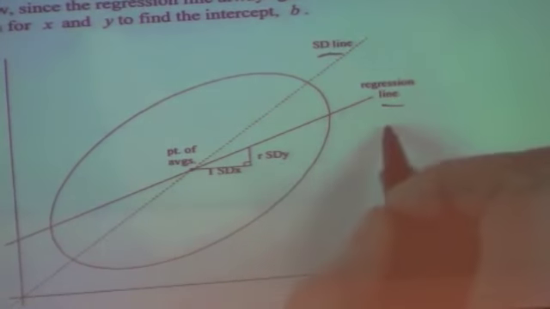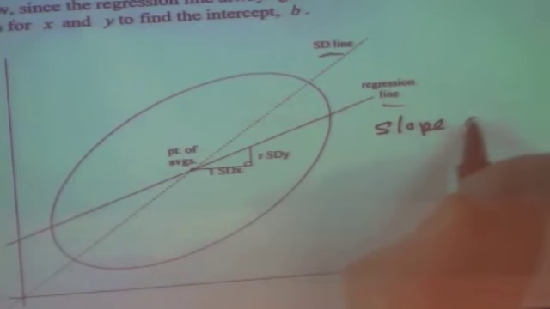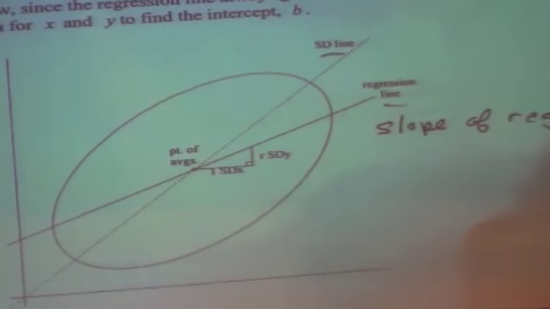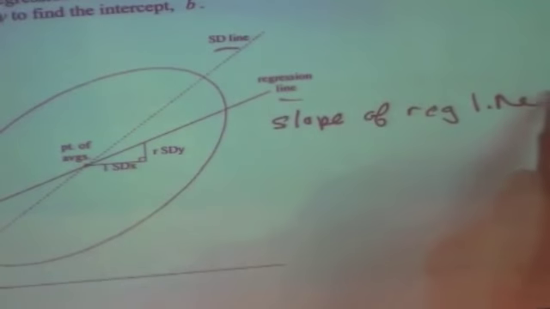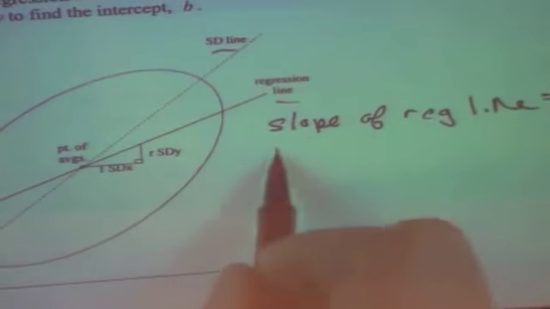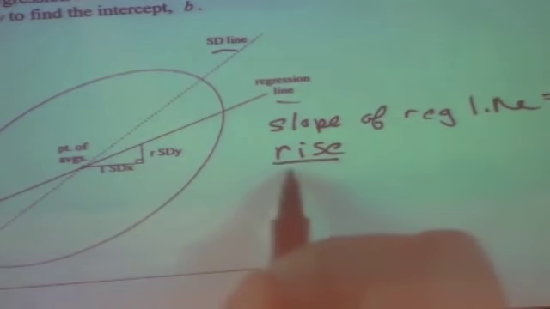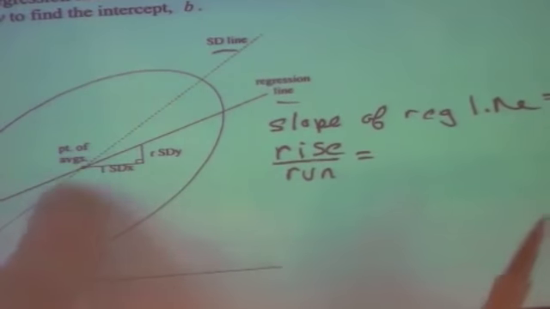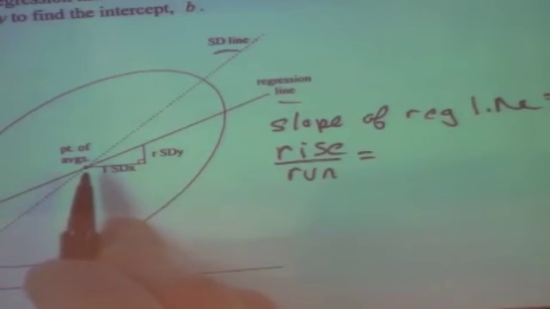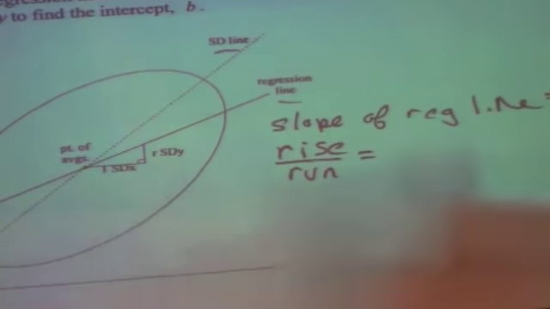The slope of the regression line is equal to what? Just look at this. You can just see the picture. First of all, it's rise over run. The easiest thing to do is to start at the point of averages, 0, and go over one standard deviation in the x direction.